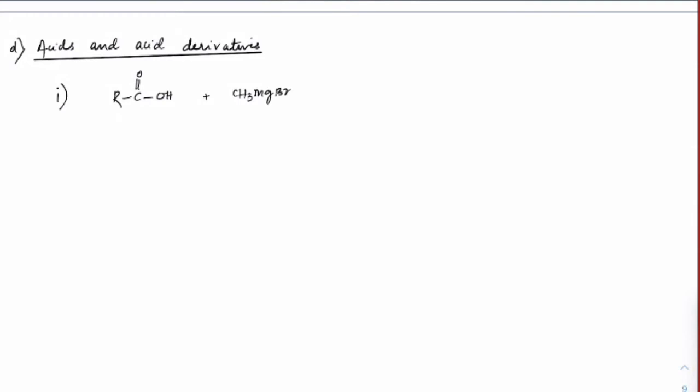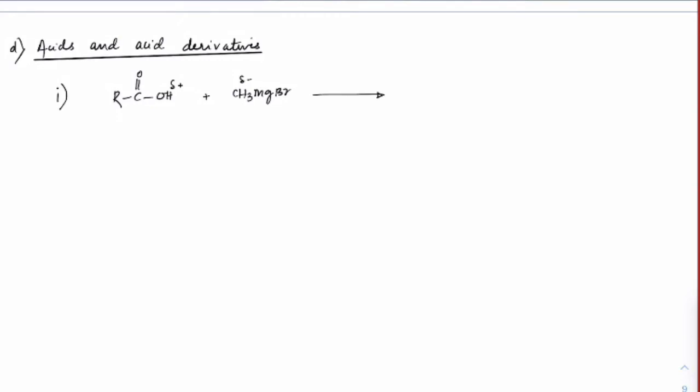Now let's see how Grignard's reagent works in the case of acids and acid derivatives. Suppose first one, if we have simple acids R C double bond O OH and I treat that with CH3 MgBr. This is sufficiently negative and this is sufficiently positive.